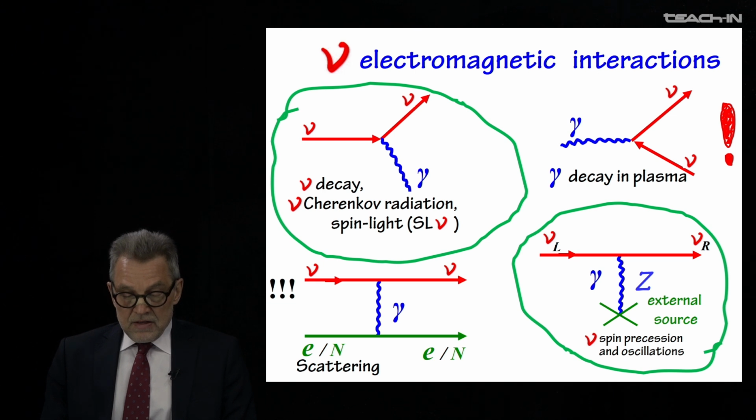Then there is another very important phenomenon, termed neutrino spin precession and the corresponding oscillations in external electromagnetic fields. This diagram is shown here. This photon mimics the interaction of neutrinos with the external electromagnetic field, as was for the first time proposed and studied theoretically in our papers about 10 years ago, or 20 years ago probably now.